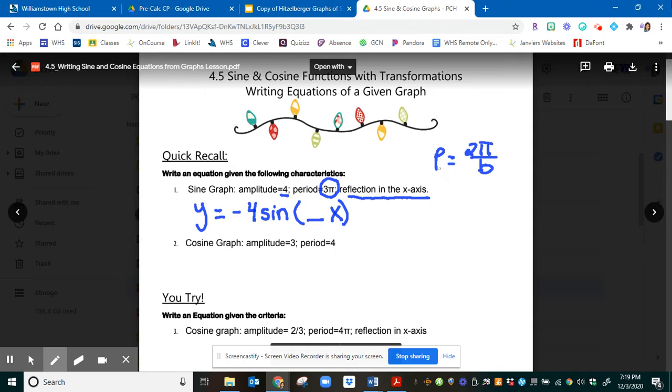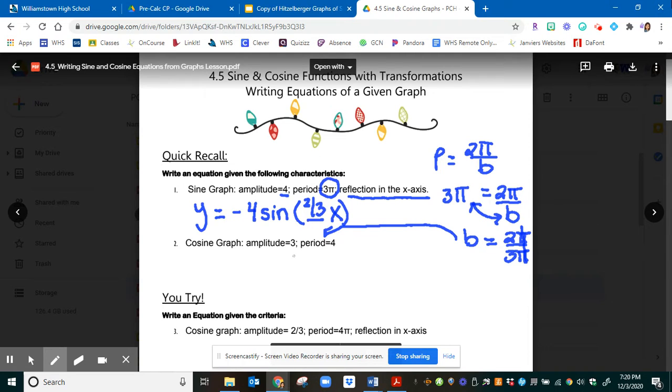So we have to take the p out, put 3 pi in, and that's equal to 2 pi over b. And if you remember that whenever the variable's in the denominator, we can do a little flipperoo here, and b is equal to 2 pi over 3 pi, and that tells us that b is equal to 2/3. Okay, so then 2/3 is what's actually going to go in this spot right here.